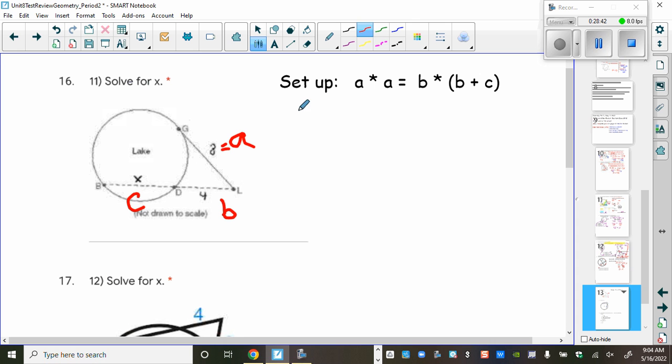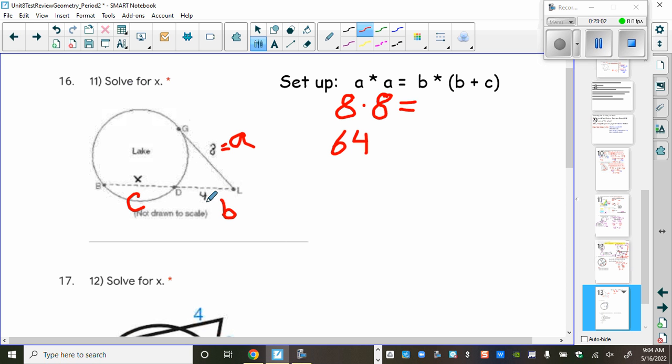It's going to be 8. What are you going to multiply 8 by? Itself. So what would 8 times 8 be? That part's not too bad.